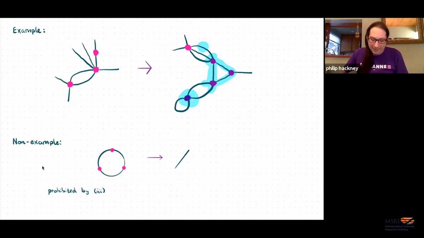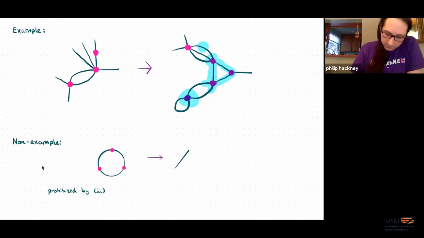And it's fine to send it to just another vertex, essentially, in your target. Okay, so this is maybe a typical picture.